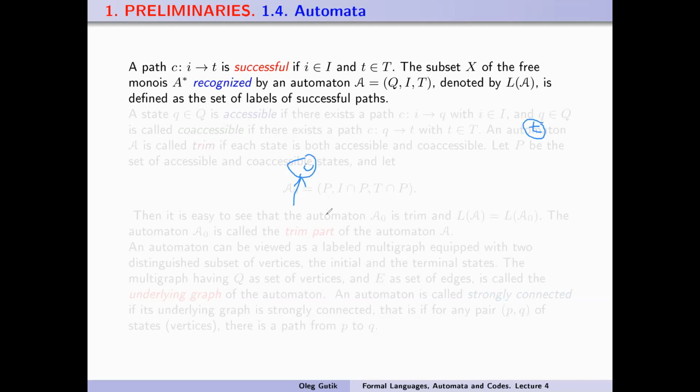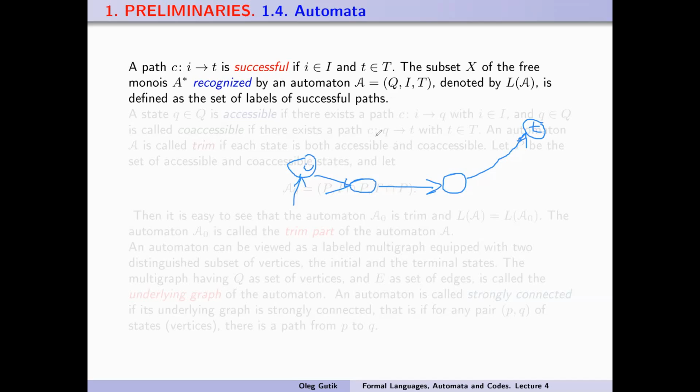This path will be called successful if the start of this path is an initial state and the end of this path is a terminal state.